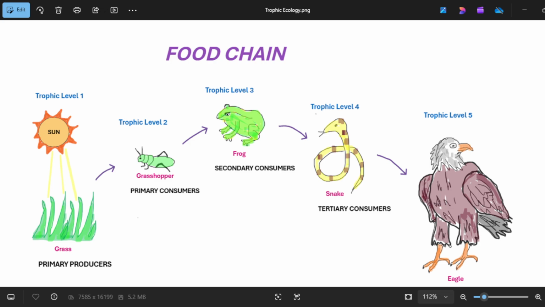So it's just a linear sequence showing us how the energy is passed from one organism to another. If you see here, this is an example of one of the food chains.